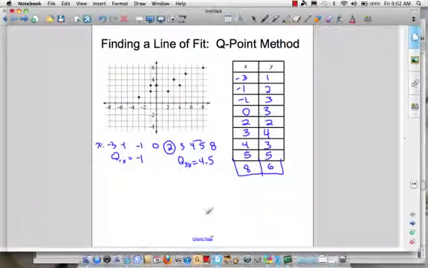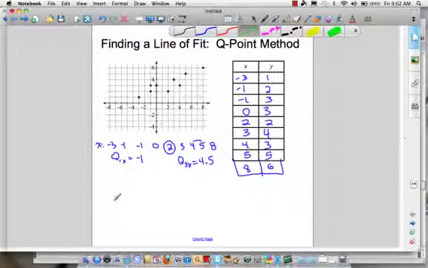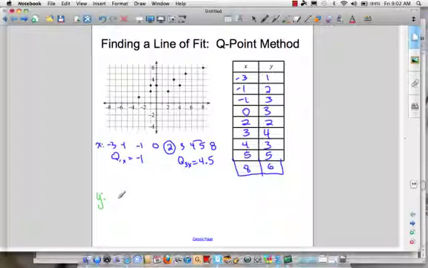And then I'm going to do something quite similar for my y values. Let's do this in a different color just so it'll stand apart. When I go to list my y values in order, I need to be careful because they're not in order on the table. For y, the smallest y value is 1. So I've taken care of that one.